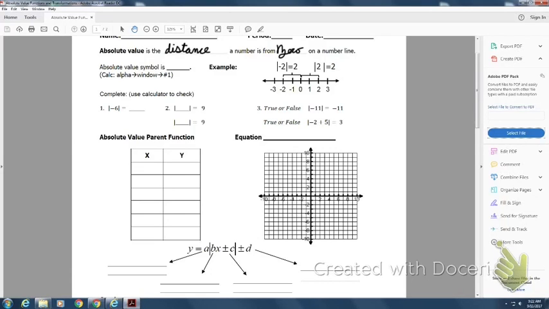The absolute value symbol is that right there. It just looks like two lines. I will do my best to make sure that does not look like one X and then a line after it. To put that in your calculator, please make sure you know this shortcut.